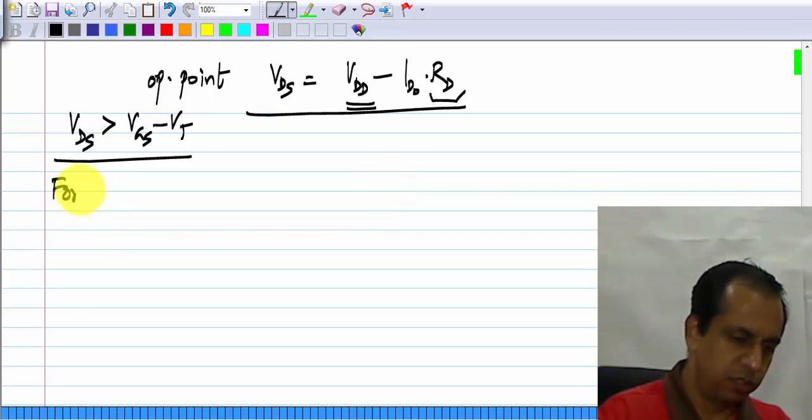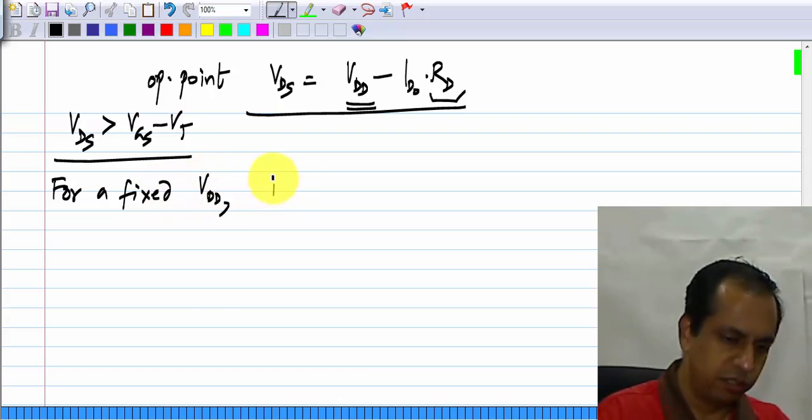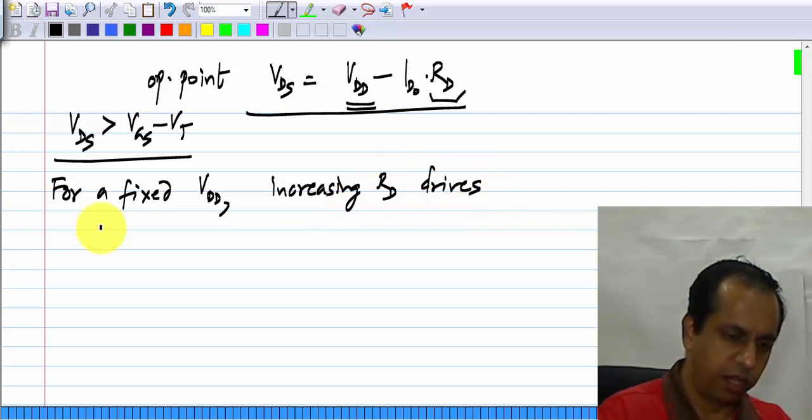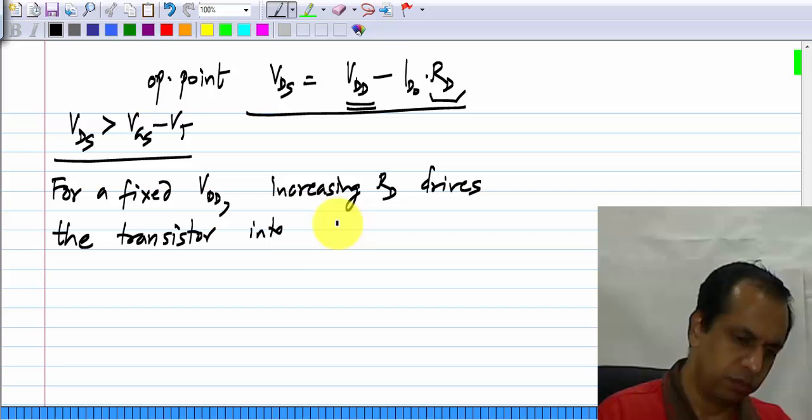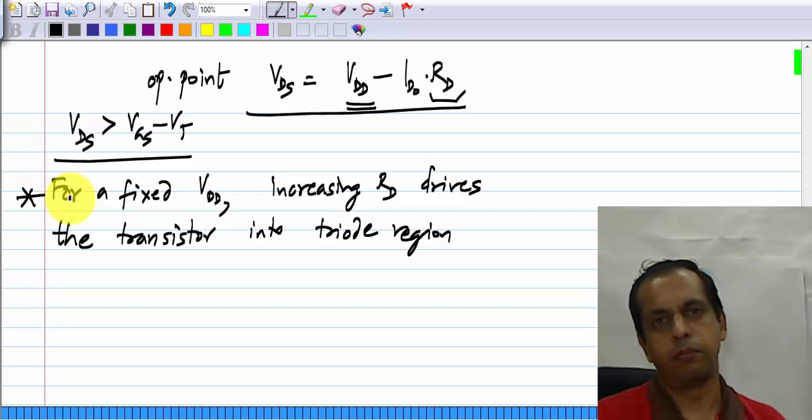So, for a fixed VDD, increasing RD drives the transistor into triode region. Okay.